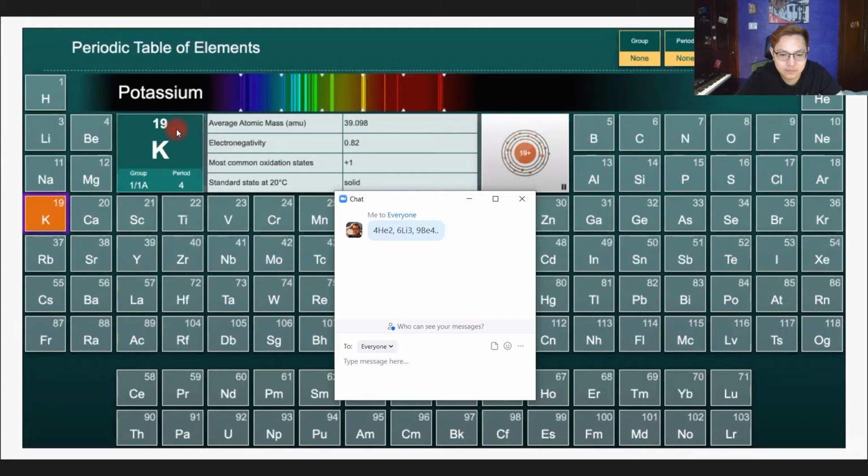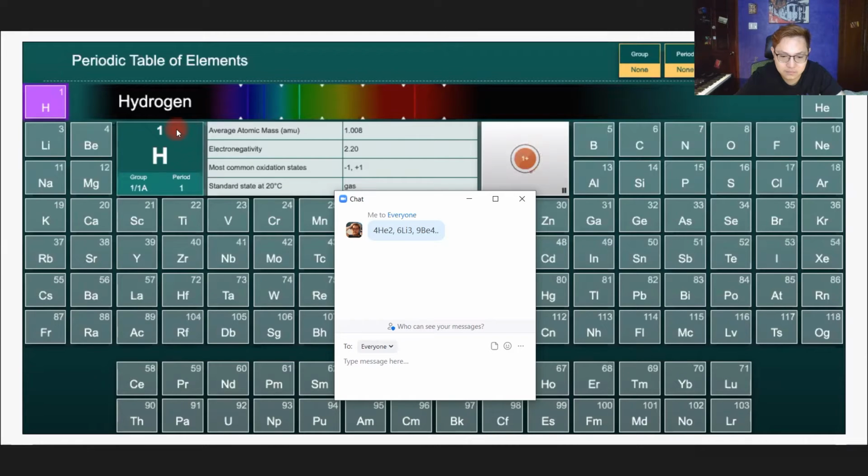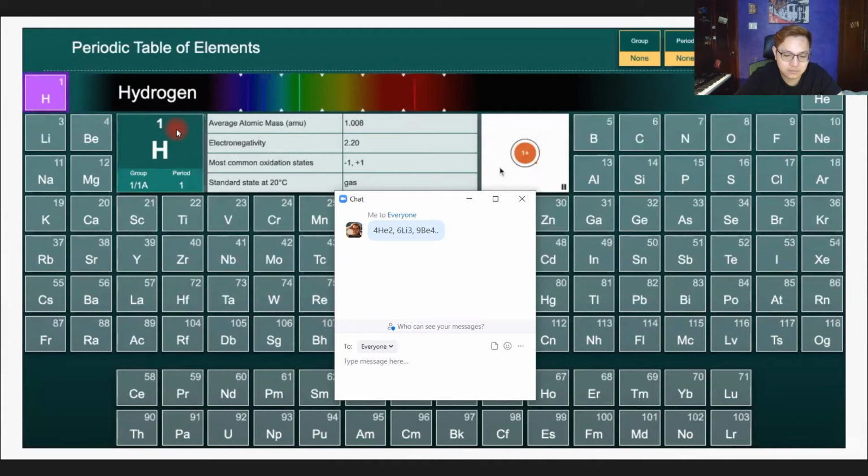Potassium, 39. And calcium. So beryllium, boron, carbon, nitrogen.